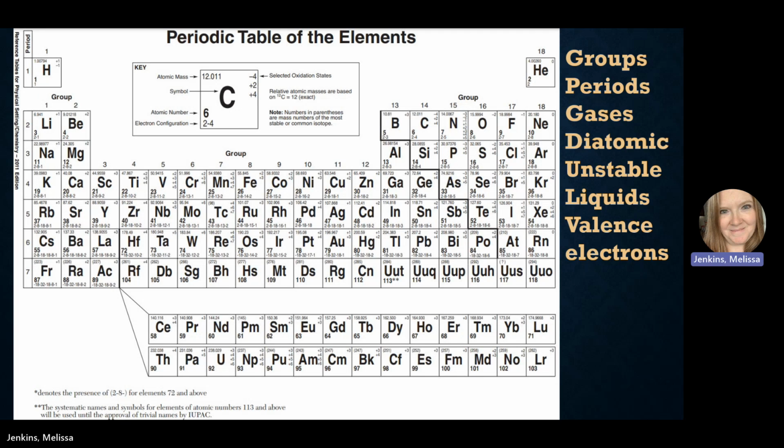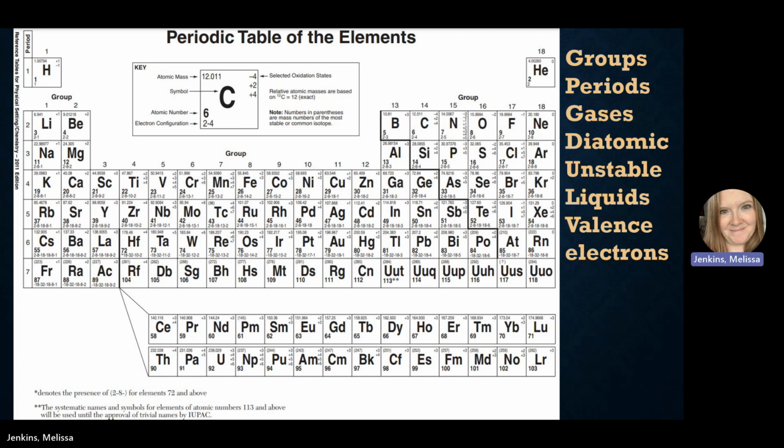When I look down a group, they have the same number of valence electrons, which is why they share similar chemical properties. So if it says which element has chemical properties similar to calcium, look for something in the same group, okay? An element that has similar chemical properties to phosphorus, you look for something in the same group. The same group has the same properties.